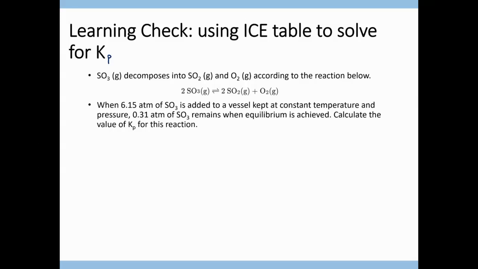Okay, so hopefully when you're reading this question, or when you read it in the future, a few things will come to mind. The first is that we're at equilibrium and we are looking for K, which means we need to find equilibrium partial pressures. So let's remember that Kp is the partial pressure of products over the partial pressure of reactants, all at equilibrium.